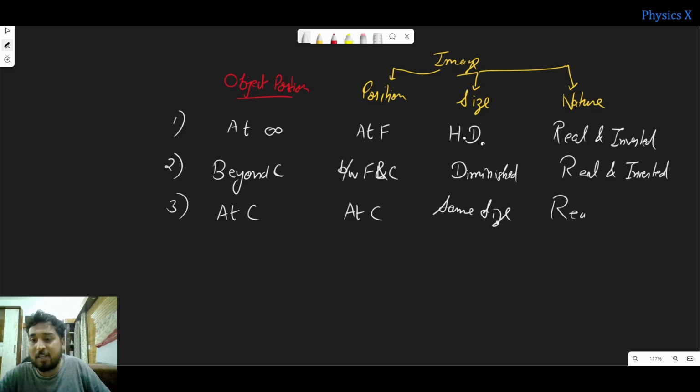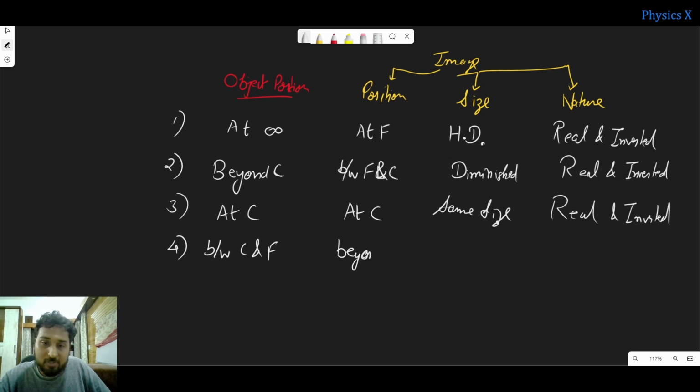This time also real and inverted, that is, an upside down image was formed. In the fourth case, when we took the object a bit closer, between C and F, the image was formed beyond C. Okay, and now the image is getting enlarged. Still real and inverted.